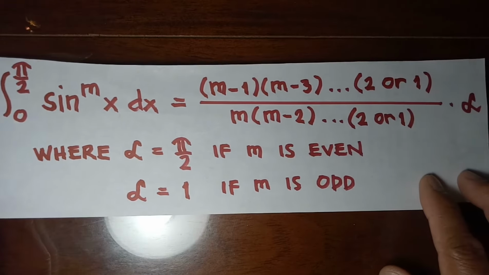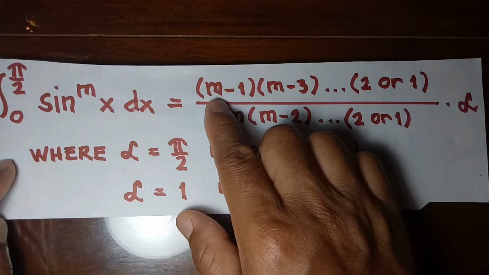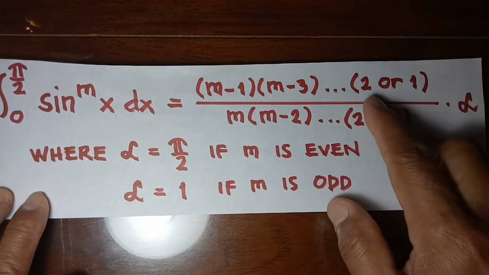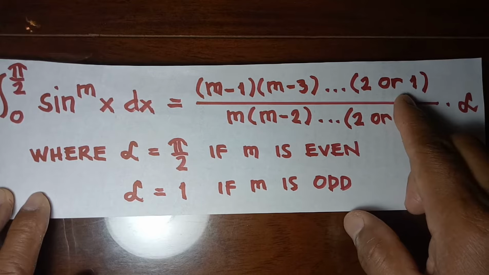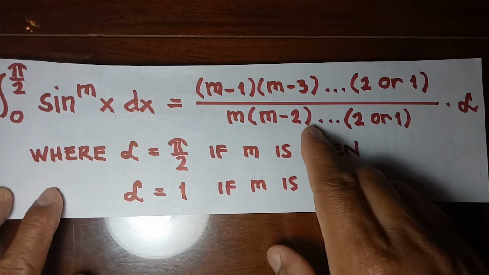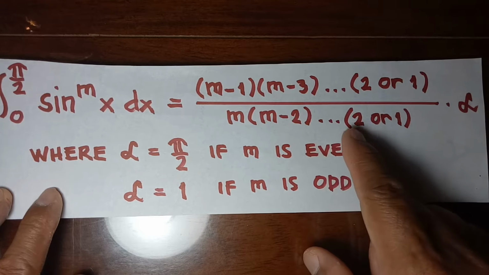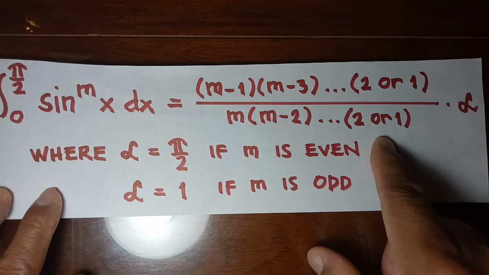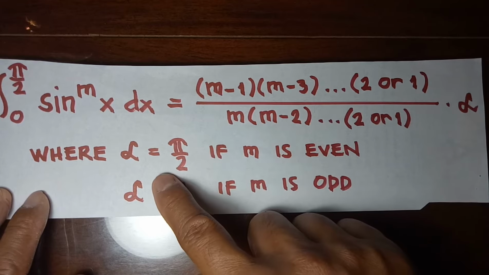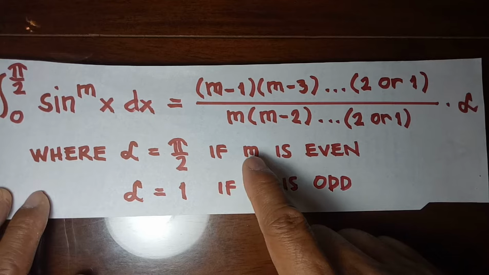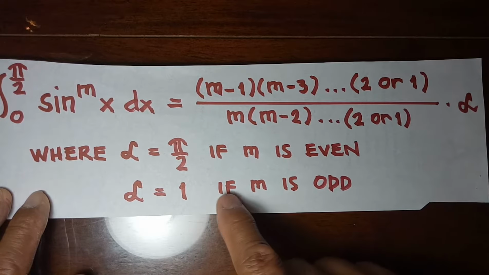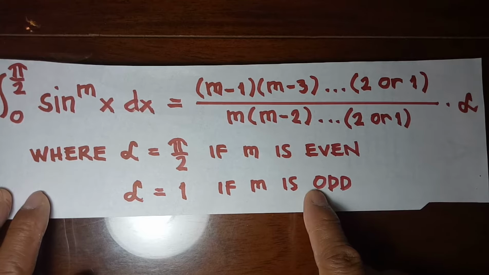At equal ito sa m minus 1 times m minus 3 hanggang sa difference na 2 or 1 divided by m times m minus 2 times m minus 4 hanggang sa difference na 2 or 1 times alpha. So dito, alpha is pi over 2 if m is even and alpha equals 1 if m is odd.